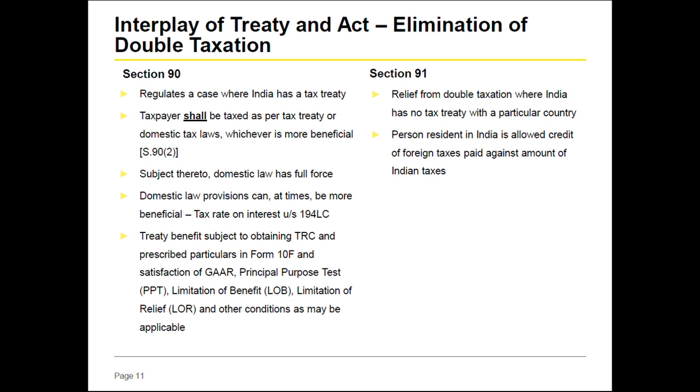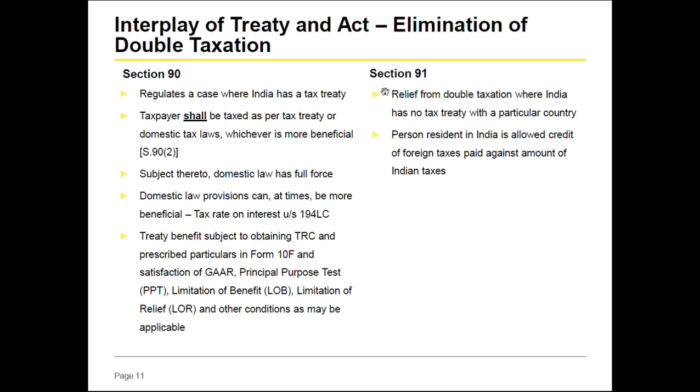Section 90 says if the domestic law has one tax rate and the DTAA has a lower tax rate, the assessee can claim that lower tax rate. Section 91 gives relief from double taxation where there is no tax treaty with a particular country.